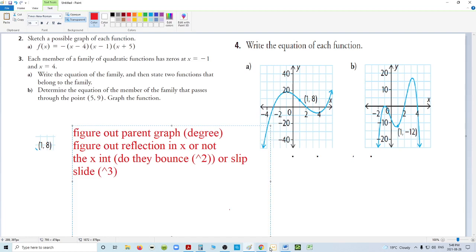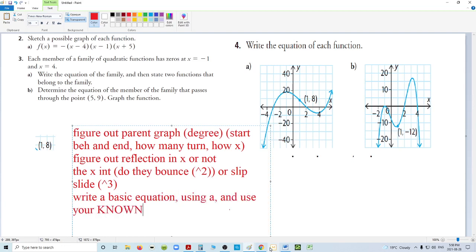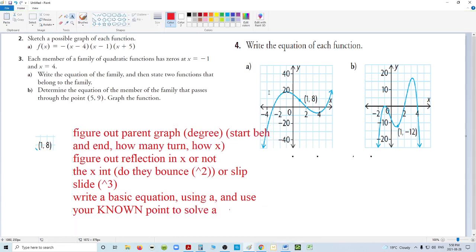And one way to figure out the parent graph is start behavior, end behavior, and also how many turning points and how many x-intercepts. That'll help you instantly. And then finally, once you discover that, write a basic equation using a and use your known point to solve for a. Those are always the easiest steps.